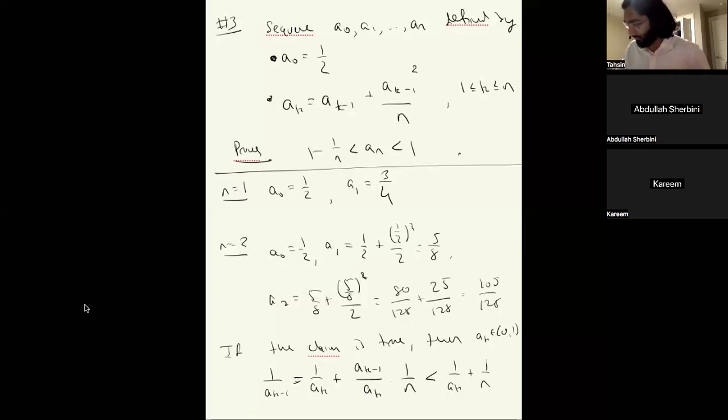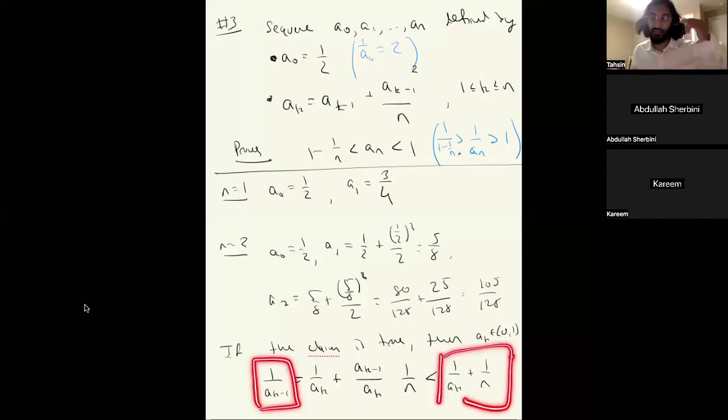So what's the point here? You can rewrite what we're trying to prove. It's the same as trying to prove that 1 over an is greater than 1 and less than 1 over 1 minus 1 over n. And the starting condition is the same as 1 over a0 equals 2. Then what is this inequality telling us? It's saying that 1 over ak doesn't decrease by that much, right?